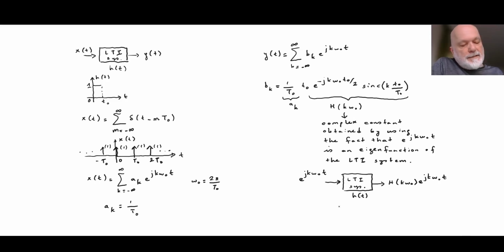So essentially the signal is unchanged in form, only multiplied by a complex constant, meaning that the magnitude is changed and there is a phase term coming from the argument of the complex constant. This is what we have done in the previous example.